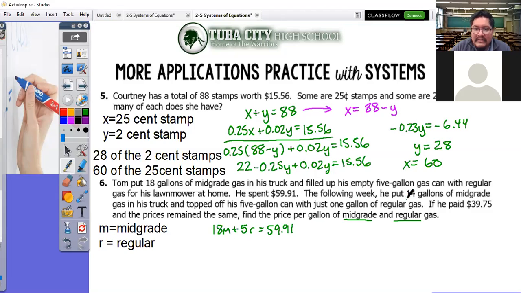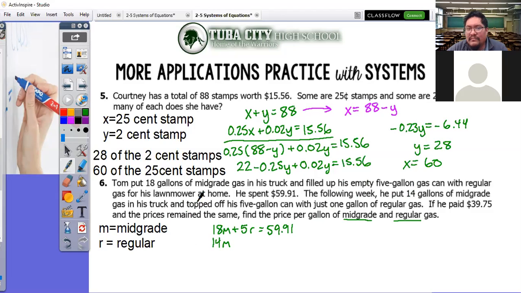The next week he does the same thing, but with different numbers. 14 gallons of mid-grade gas. This one was a bit tricky because it says topped off. When I hear top off, I think of filling it all the way up. So maybe it wasn't all the way empty.